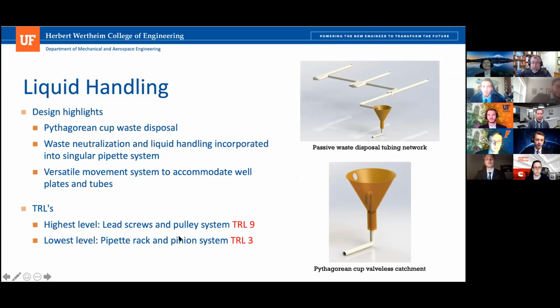One example of that is the pipette rack and pinion system, since we made a custom design for that. It hasn't been tested in an experimental lab setting yet, but we have conceptually analyzed it to prove that it could meet requirements theoretically. So we'll move on to the next subsystem now.